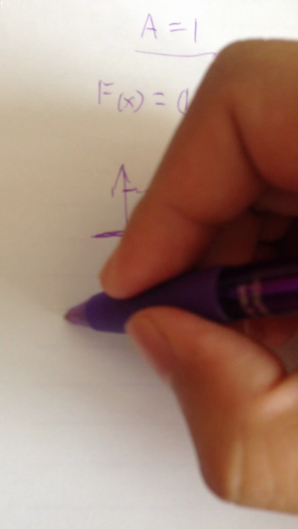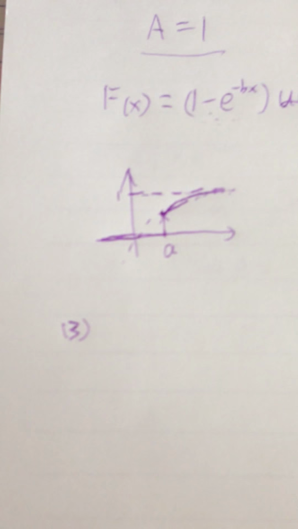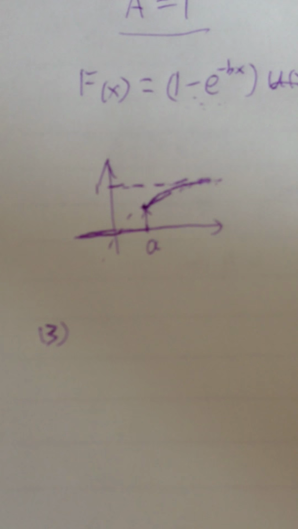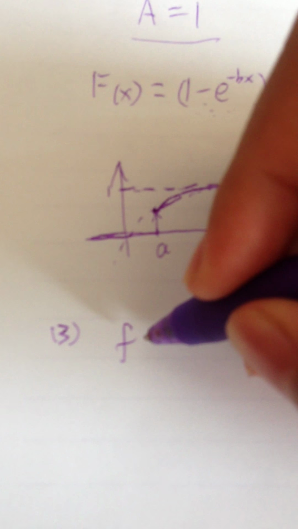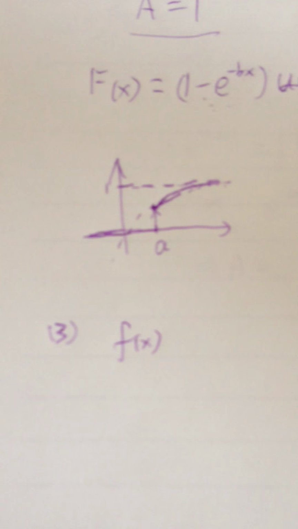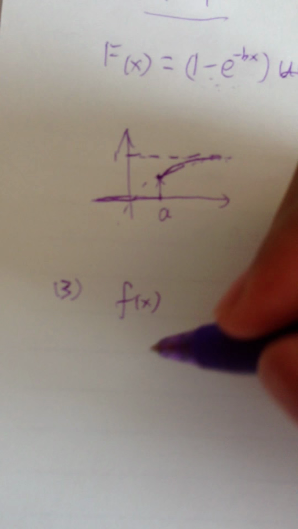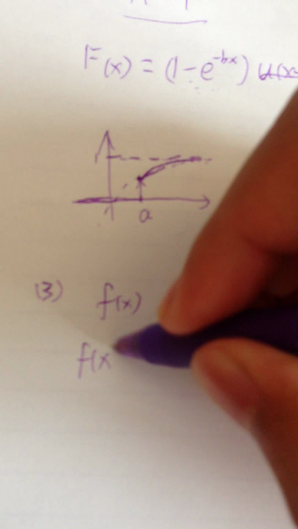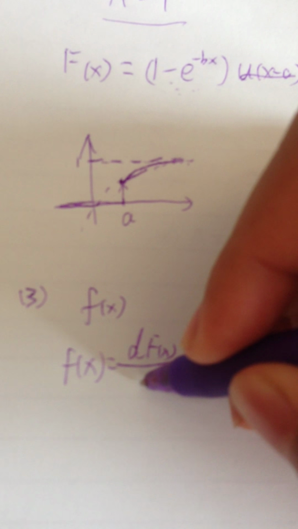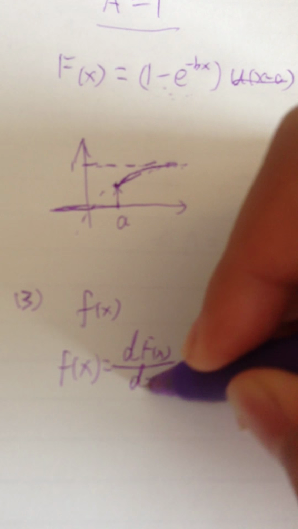Then let's go ahead to the third part. It requests us to find the probability density function f of x and draw it. f of x equals the derivative of F of x.